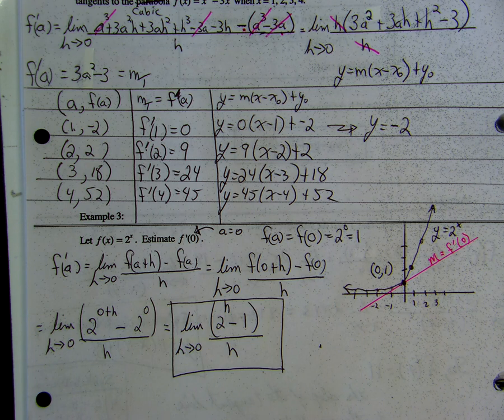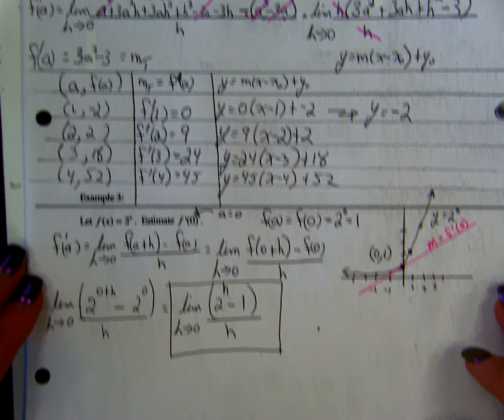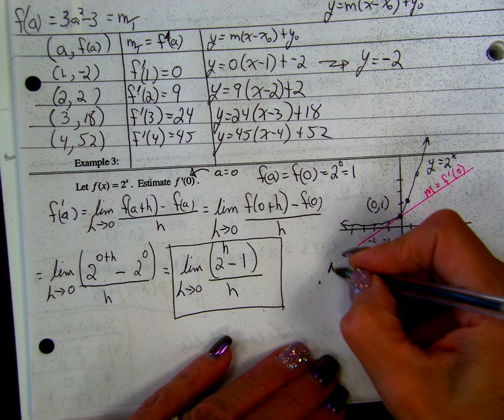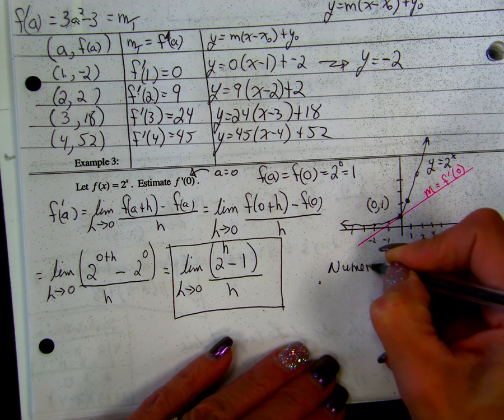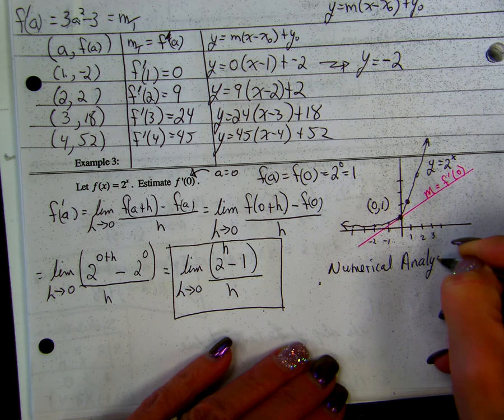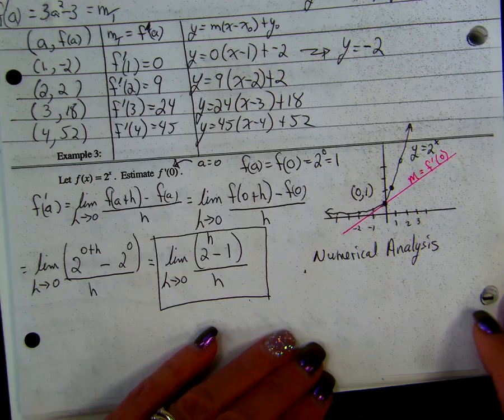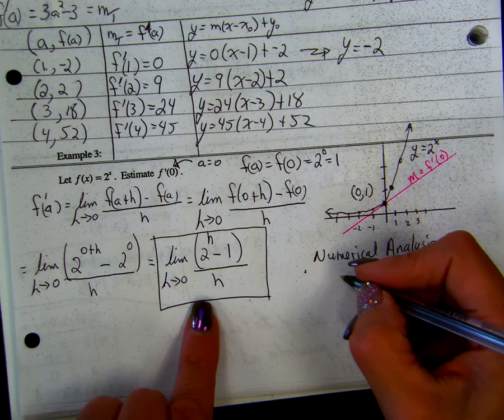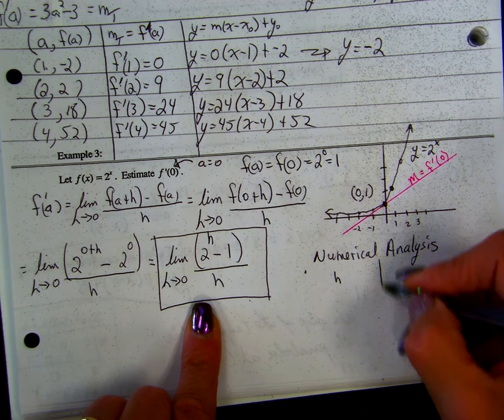So once again, we did this in the very beginning of this chapter, kind of a painful method. Let's try it again. We're going to do some numerical analysis. Okay, so I'm going to set up a t-chart, and I'm going to let h approach 0.